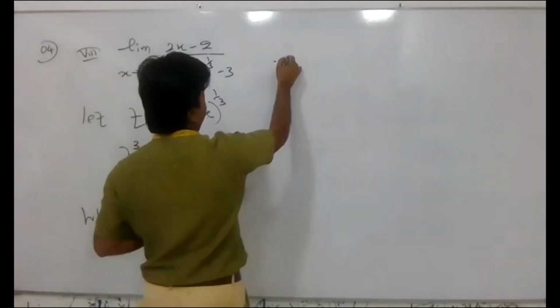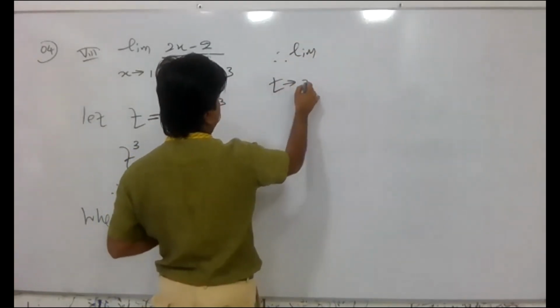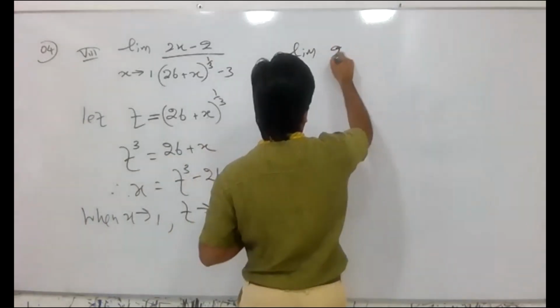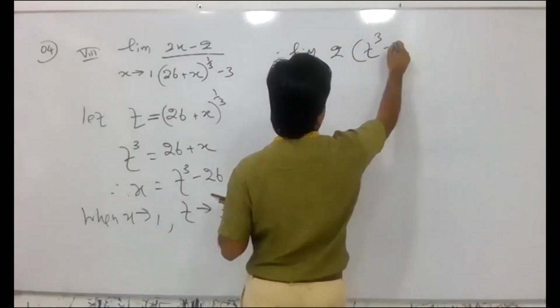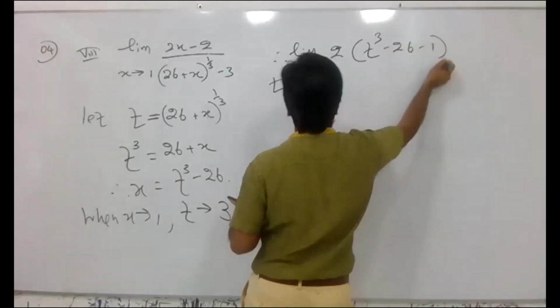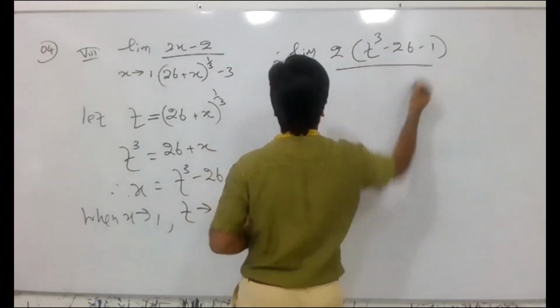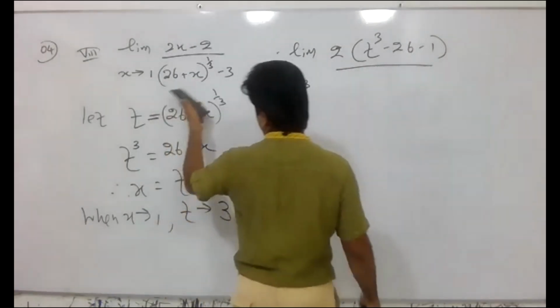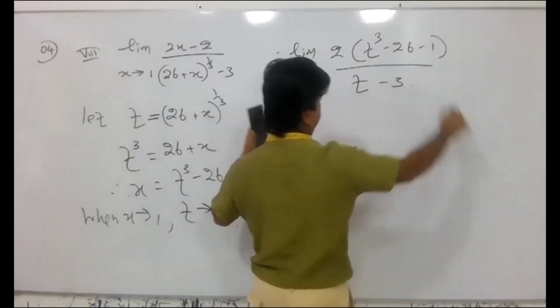Then we can write the limit, instead of x, as t goes to 3, right? Then twice into what is x? t cubed minus 26, and we have minus 1 because we have taken out 2, right? Then in the denominator, instead of this whole part, you can write t minus 3. Okay.